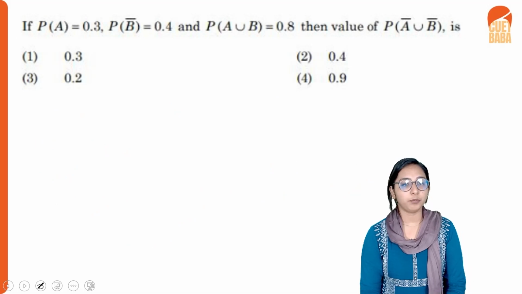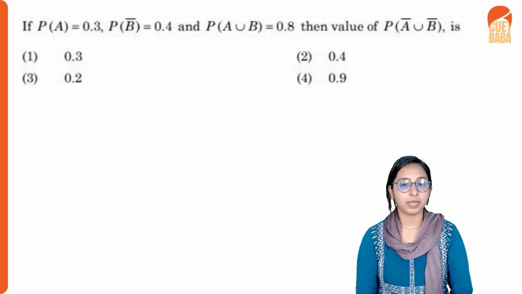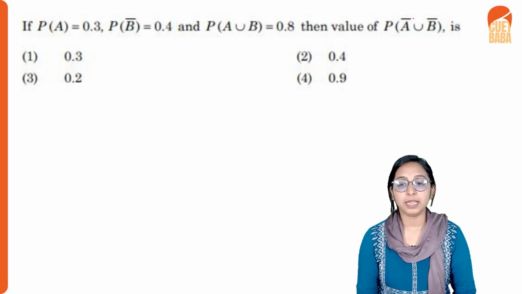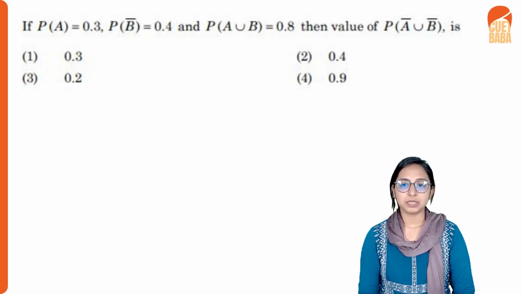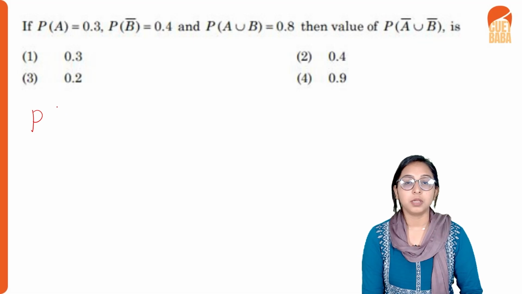Next question. If P of A is equal to 0.3, P of B complement is 0.4, and P of A union B is 0.8, then the value of P of A complement union B complement. This is nothing but the same equation we have used in the previous question.